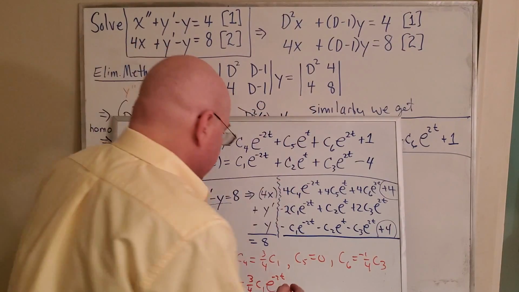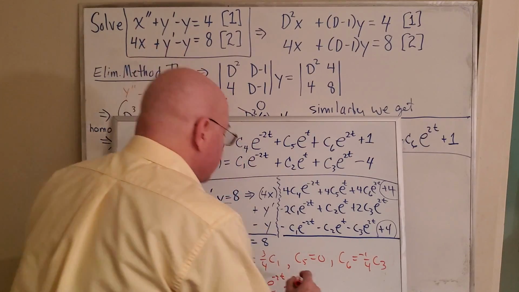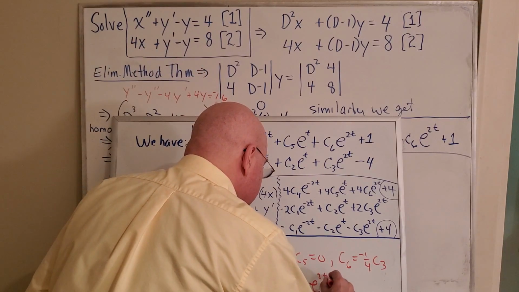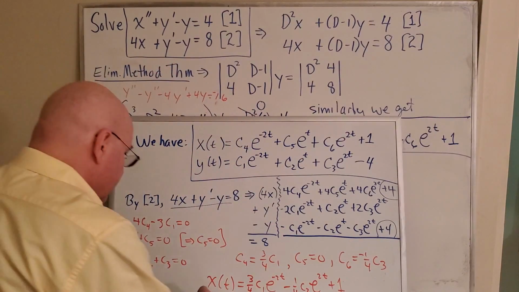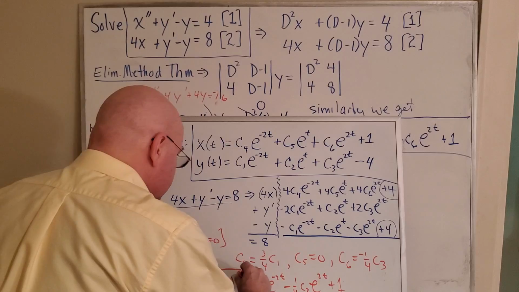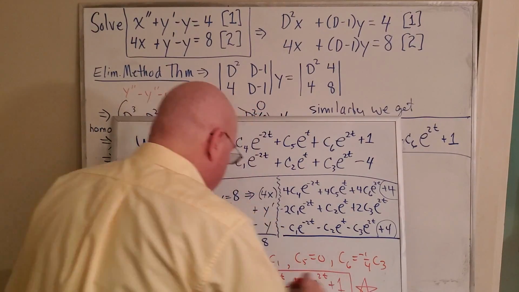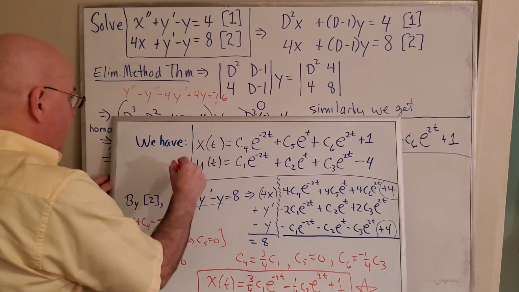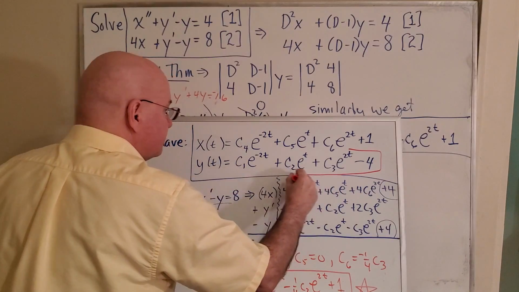And then c6 is negative 1/4 c3 e to the 2t plus 1. So I'm going to put a box around it, put a star by it, and then this y, put a box around it as well, a red box.